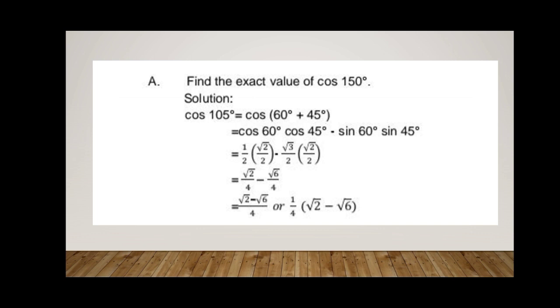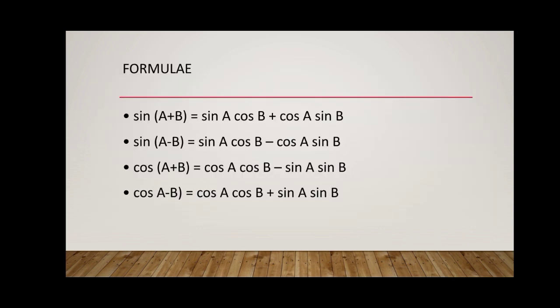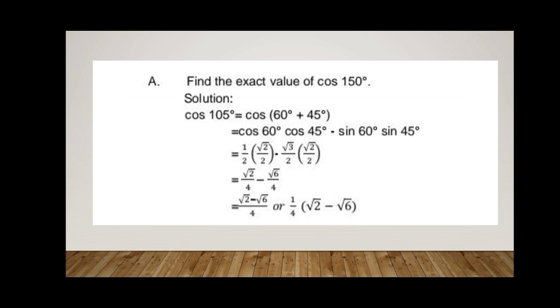So we use the formula cosine A plus B is equal to cosine A cosine B minus sine A sine B. So our A is 60 and B is 45. So cosine 60 cosine 45 minus sine 60 degrees sine 45 degrees.